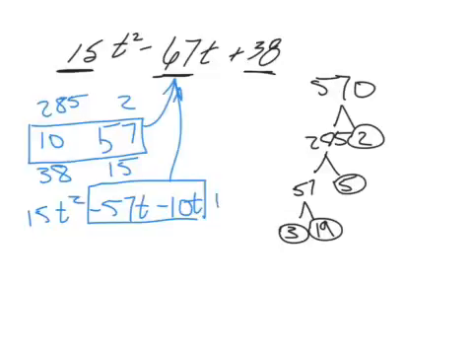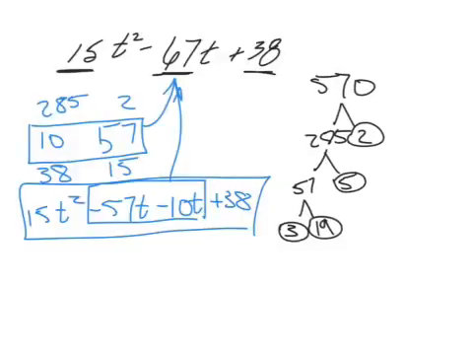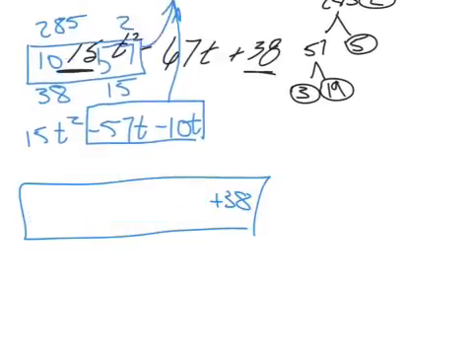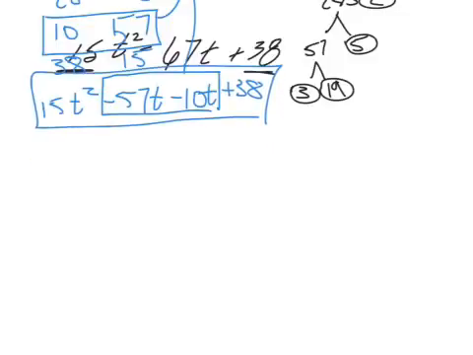Alright, and then I'm going to put plus 38. So here are my four numbers, and we'll move this up in a minute. And I'm going to leave them in that order. And one of my problems that I had mentioned earlier was that we want to try to keep this middle number a positive.